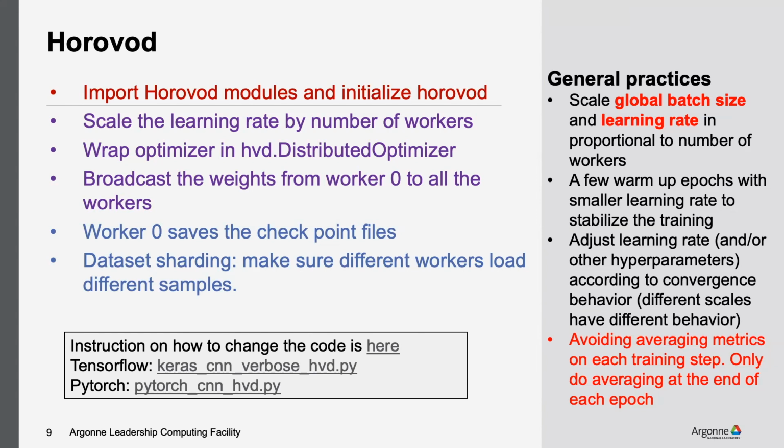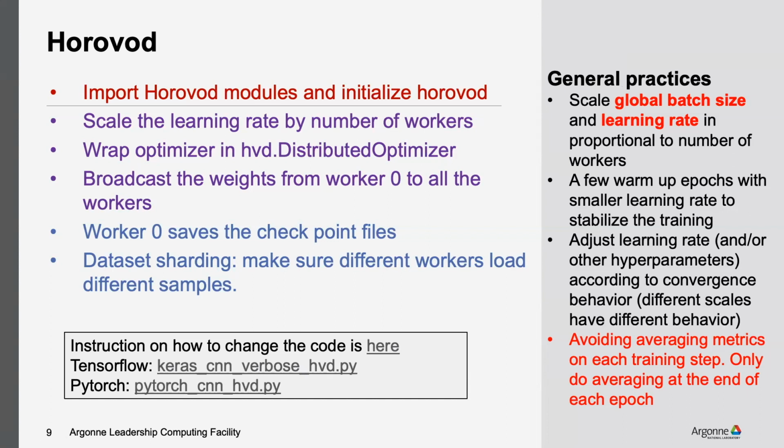So a trick is that in the first several epochs, you use a smaller learning rate, and then later on increase to a larger learning rate. You can try this. If this works, then perfect. But most of the time this doesn't work out of the box.